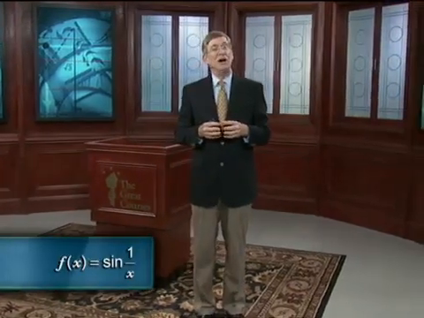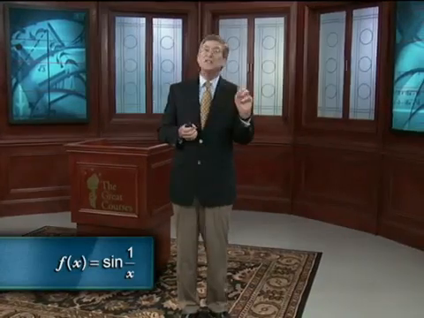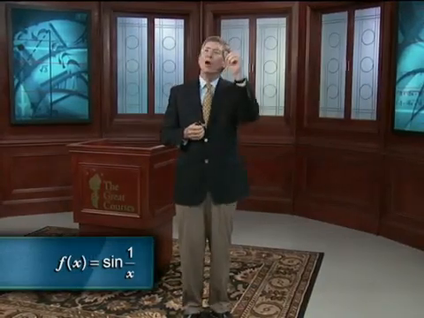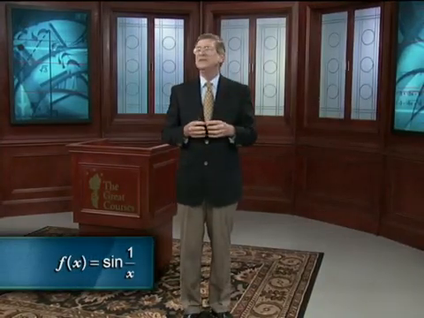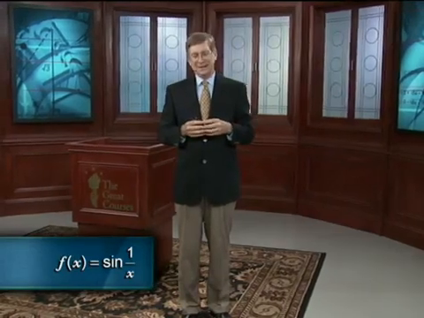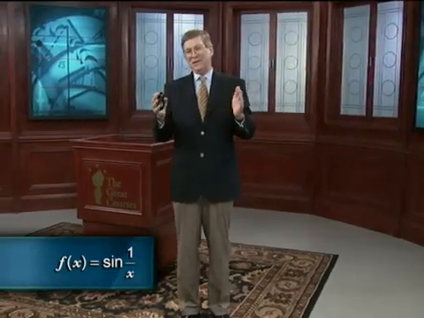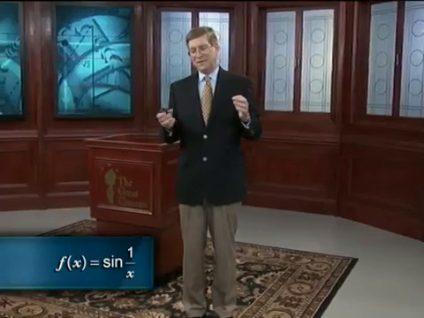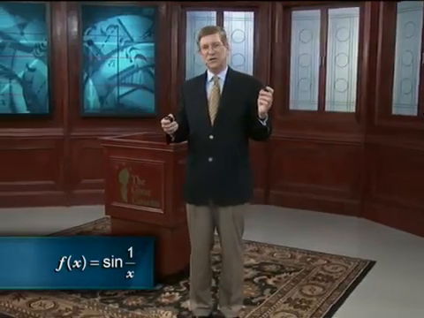Here's one of my favorite functions of all time. I love this function. Students love it too, I think, because it's got a bizarre picture. It's the function sine of 1 over x, not sine x, sine of 1 over x. Let's look at a picture of this function. Get out your graphing calculator, and I'm going to graph it on the interval minus 2 to 2.